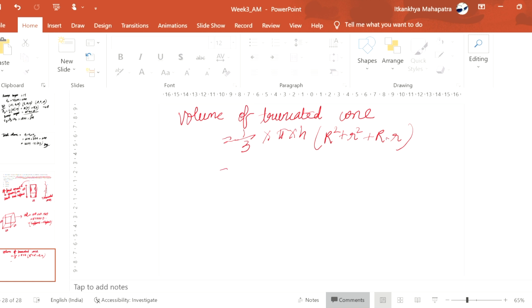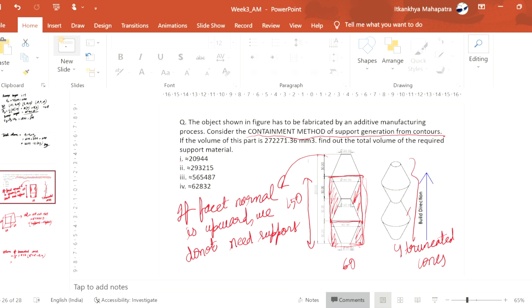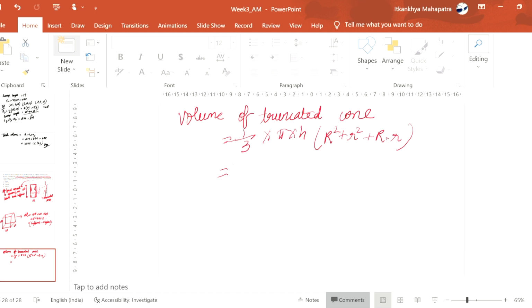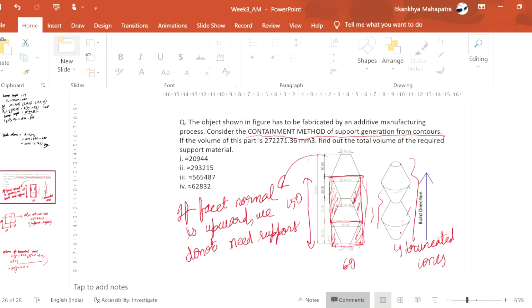Now since we are considering three cones, we will take 3 into this total. Now this will be 3 into 1 by 3 into 3.14 into, now each cone has a height of 50. So we will write 50.